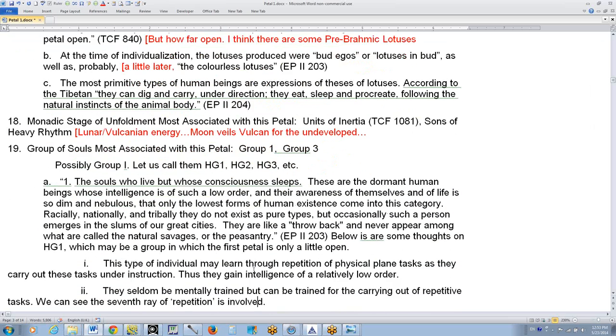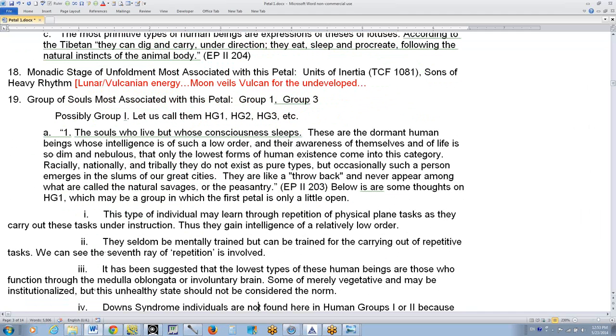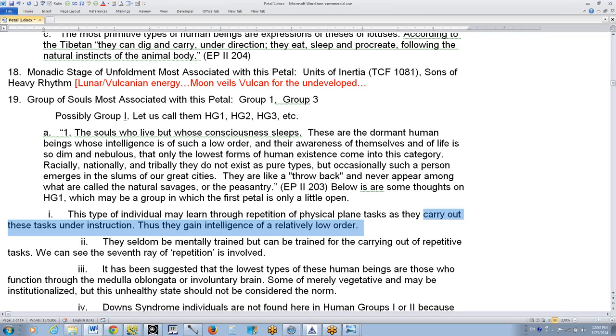So that's human group 1, and a couple of points made. This type of individual may learn through repetition of physical plane tasks as they carry out these tasks under instruction, and thus they gain intelligence of a relatively low order.